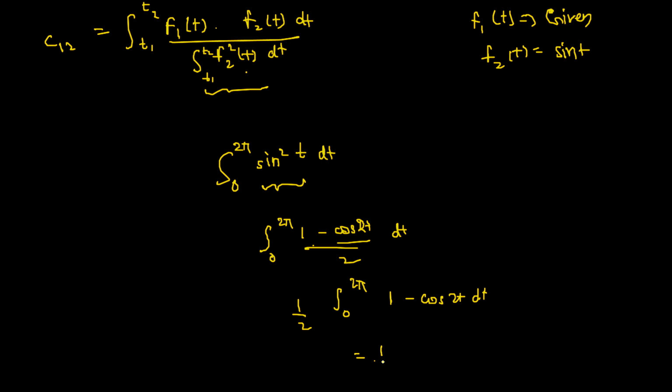That gives me half into t minus sine 2t by 2, from 0 to 2 pi. Upon substituting these limits, I get half into 2 pi, and the sine terms all become 0 because sine of 2 pi gives me 0. So all I'm left with is pi. So the denominator of C12 is pi.